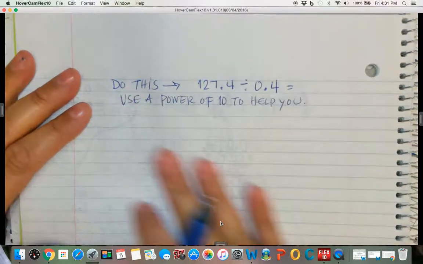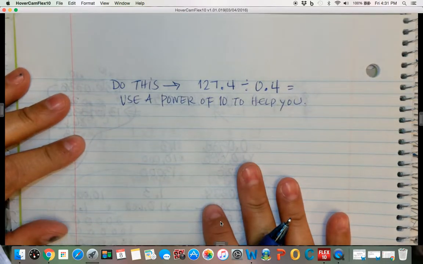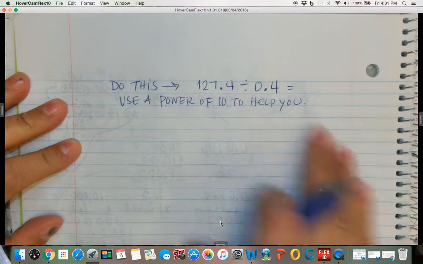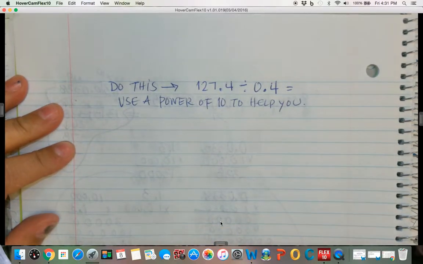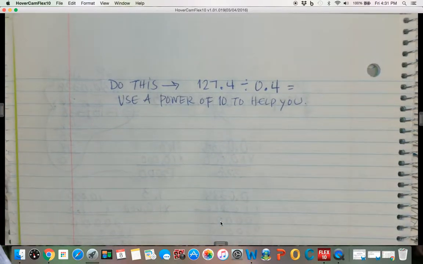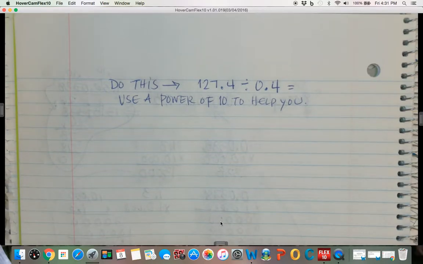That's the one that you're going to start with that we'll talk about tomorrow, and we'll talk about how to do it. Get used to doing it this way because we're going to do it for a little while this way. Okay, we have to really build that understanding of why we can do it and why it works, why we use the powers of 10, and how that relates to our decimal place.